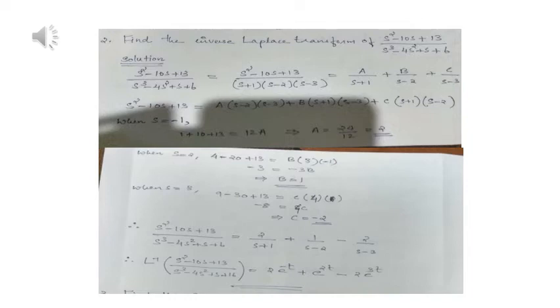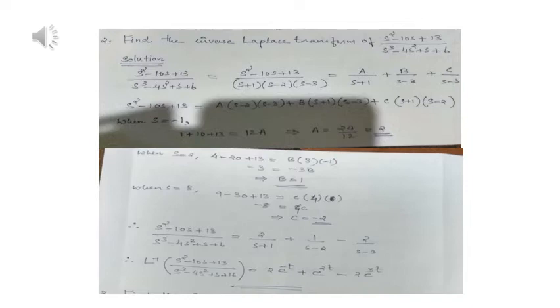Then substituting in the first equation, that is 2 by s plus 1 plus 1 by s minus 2 plus 2 by s minus 3, and applying inverse Laplace to each term on both sides, we will get L inverse of s square minus 10s plus 13 divided by s cube minus 4s square plus s plus 16 is equal to 2 by s plus 1, that is 2 into L inverse of 1 by s plus 1, which is e raised to minus t, plus L inverse of 1 by s minus 2 is e raised to 2t.